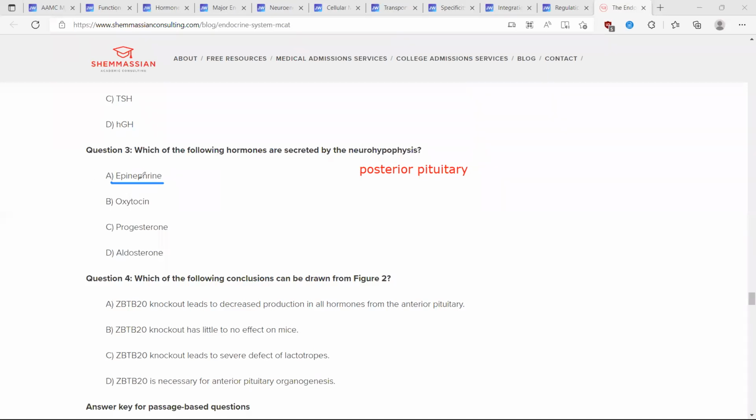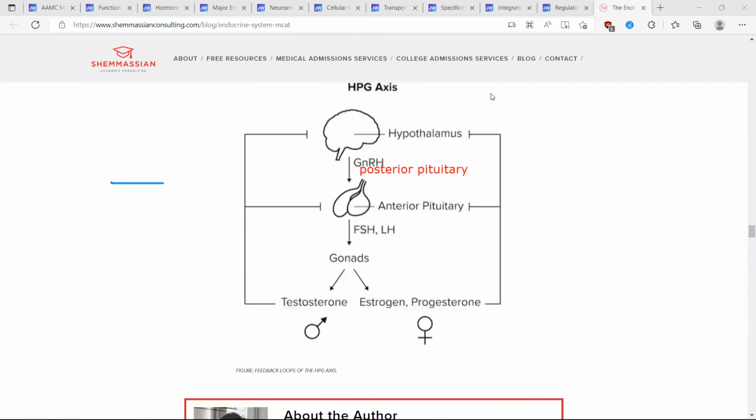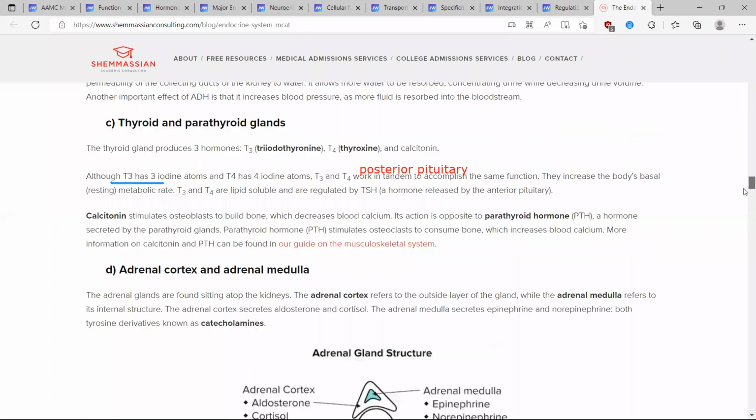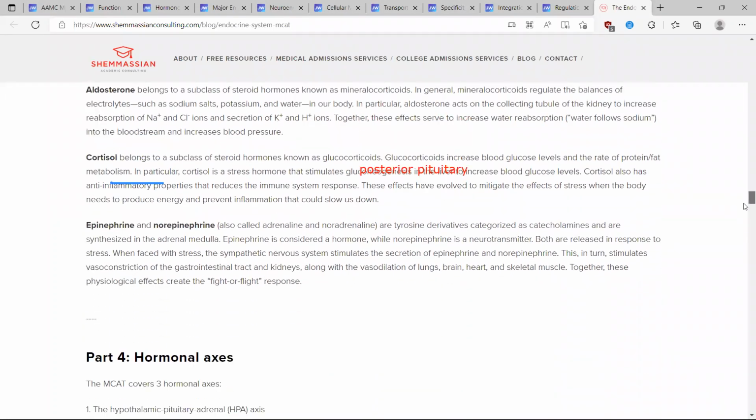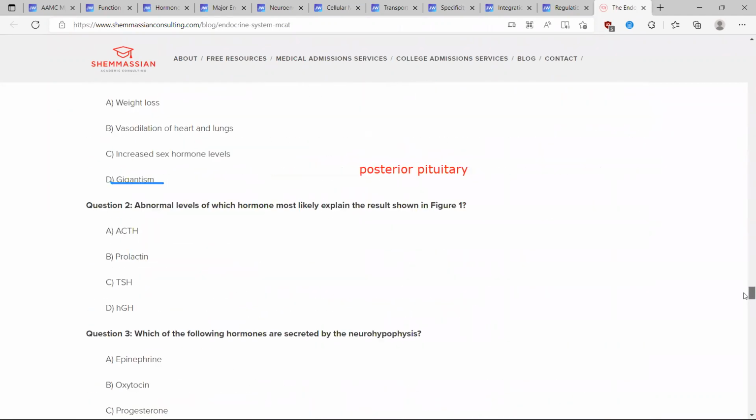Epinephrine is a tyrosine derivative. Sorry about that.